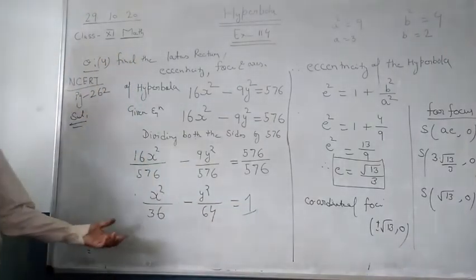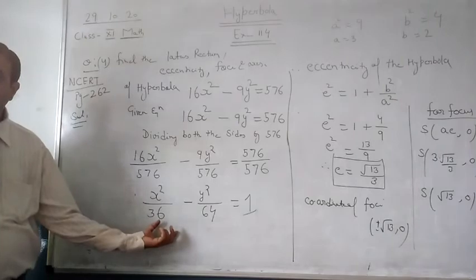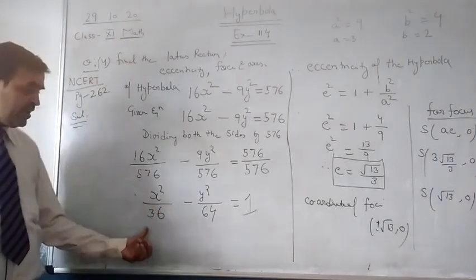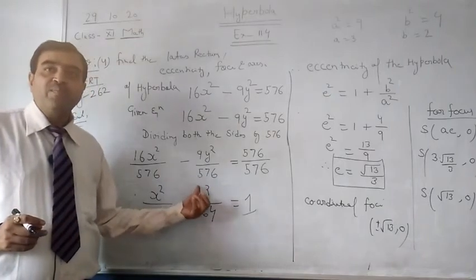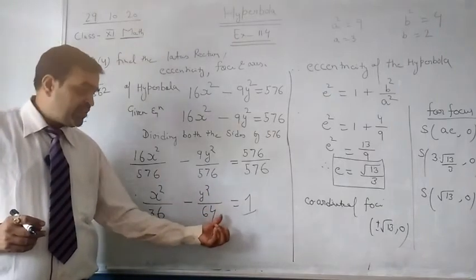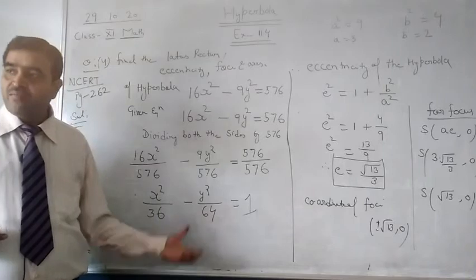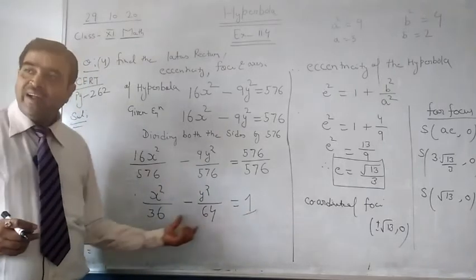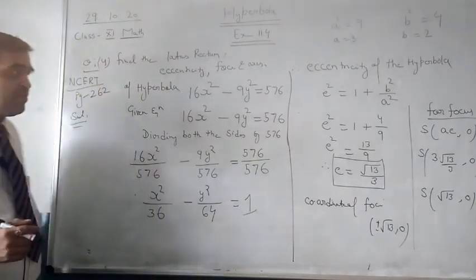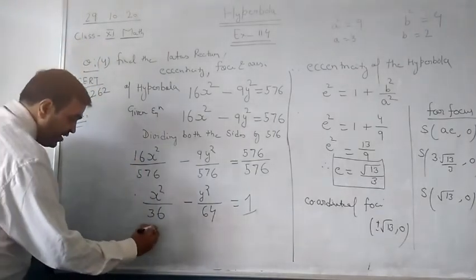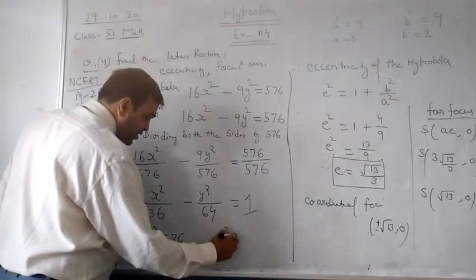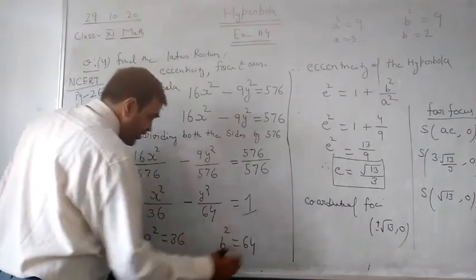Now it becomes an equation of hyperbola like x square upon a square minus y square upon b square is equal to 1. Comparing both the equations, we get a square is equal to 36 and b square is equal to 64.